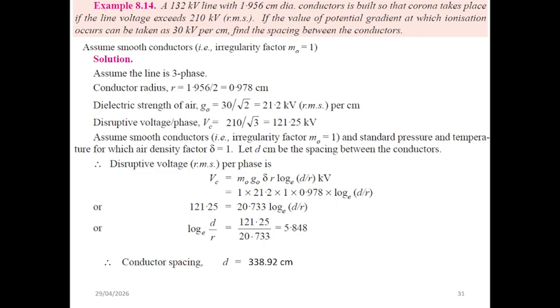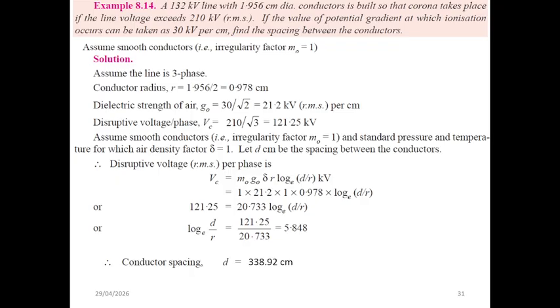This slide explains how to determine the spacing between conductors in a 132 kilovolt transmission line when corona discharge begins at a line voltage of 210 kilovolt RMS. The conductor diameter is given as 1.956 centimeters, so the conductor radius is calculated as 0.978 centimeter.